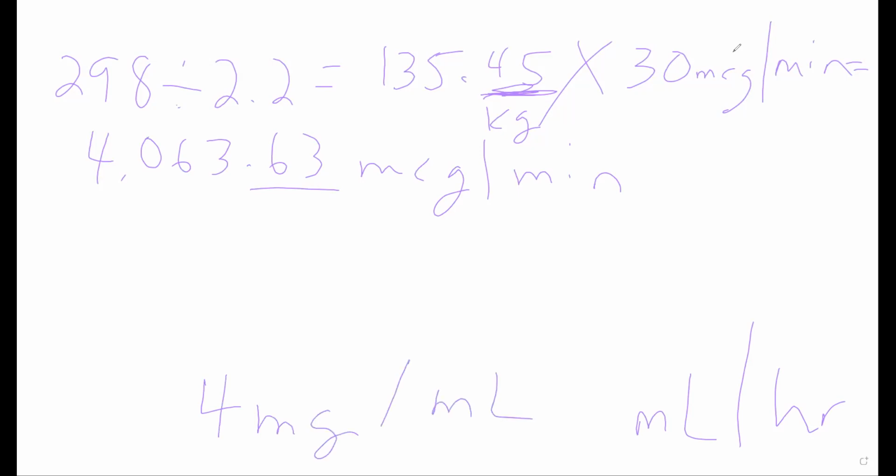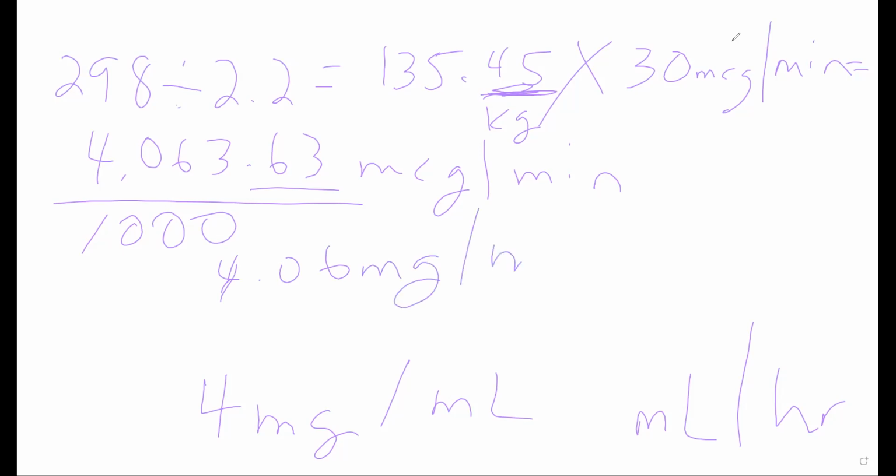So that means this has to go to milligrams. So we're going to divide this by 1,000 to make it milligrams. And that's going to give you 4.06. We don't need the rest of it, okay? But leave it in your calculator.